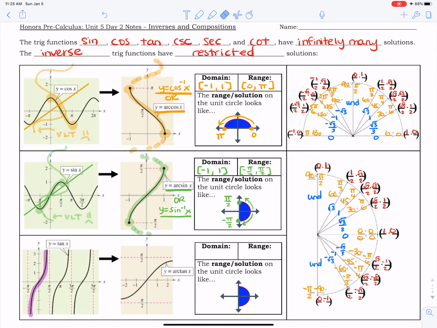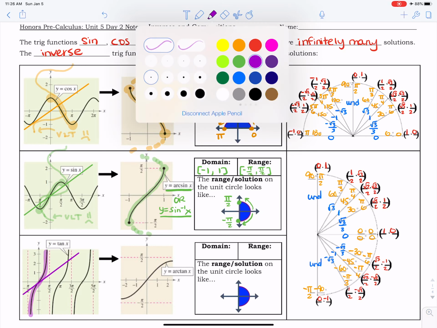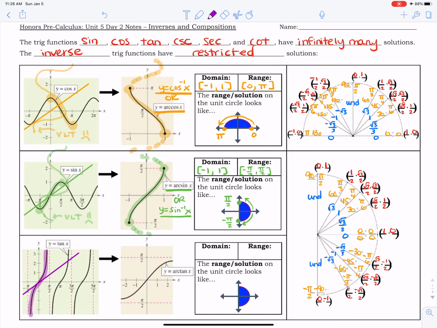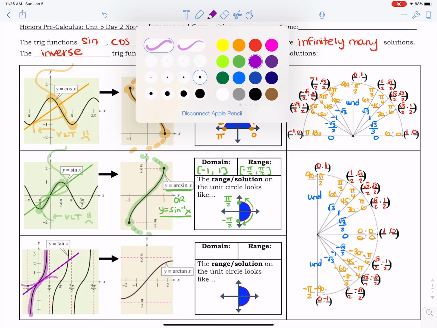So all we need is that first graph, and then we're going to reflect it across the line y equals x again. All right, beautiful. And that one will look something like this. And that produces the graph to the right.